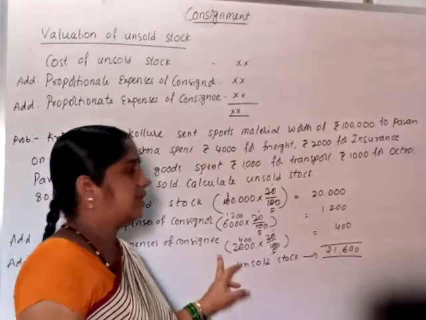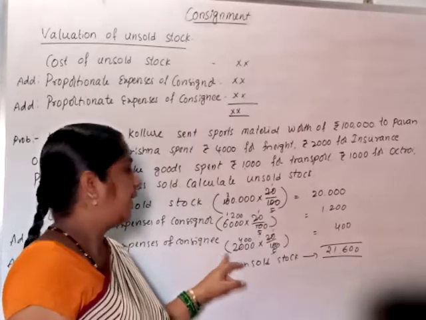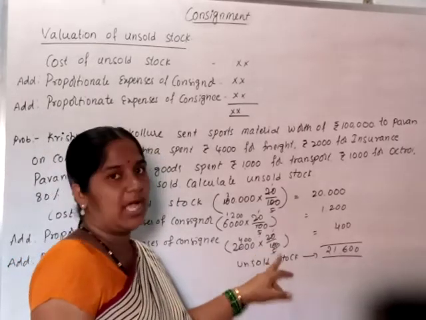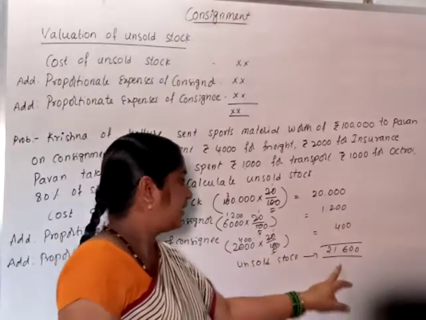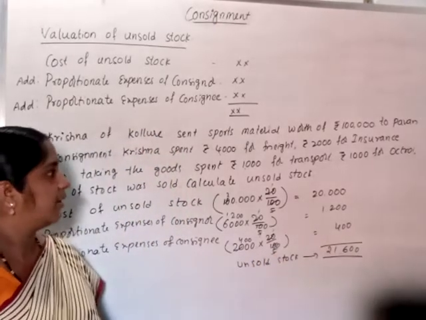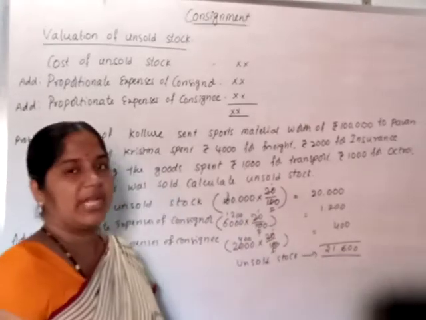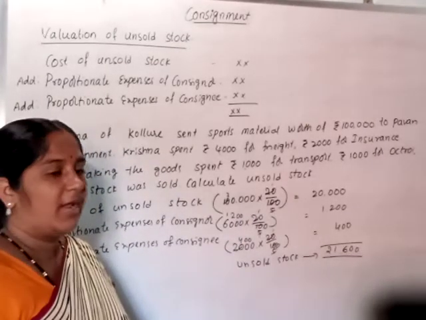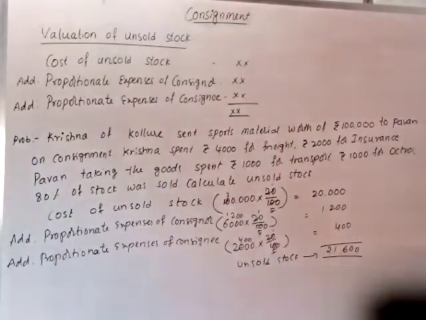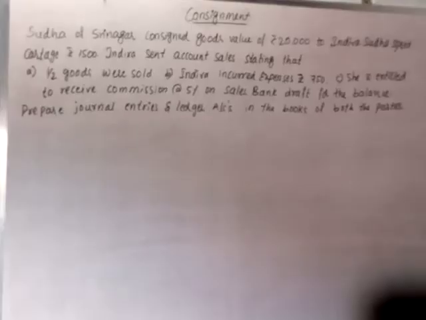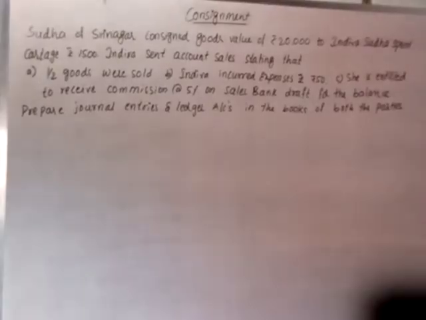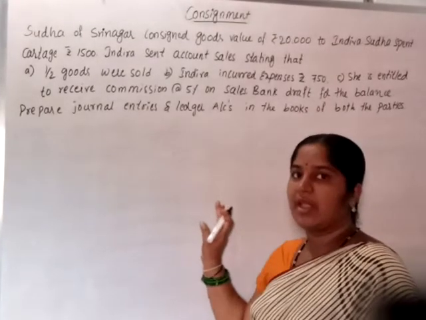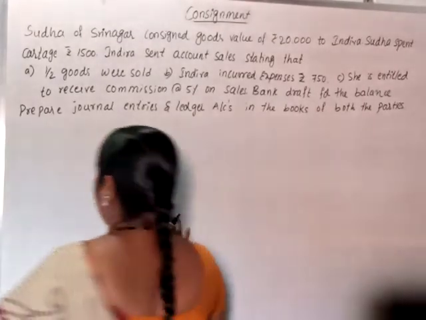In this problem both expenditures of the consignee are non-recurring, that's why I am taking them into the unsold proportion, and it is 21,600. Now come to the next problem with unsold stock.